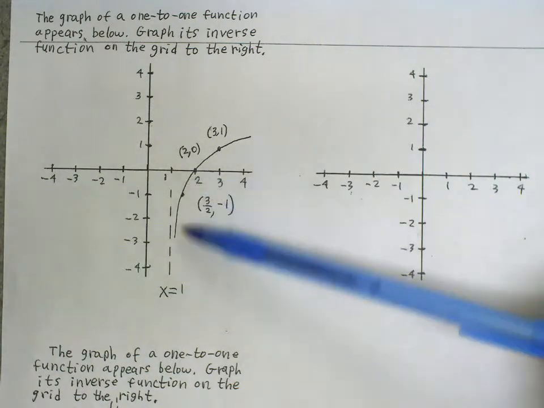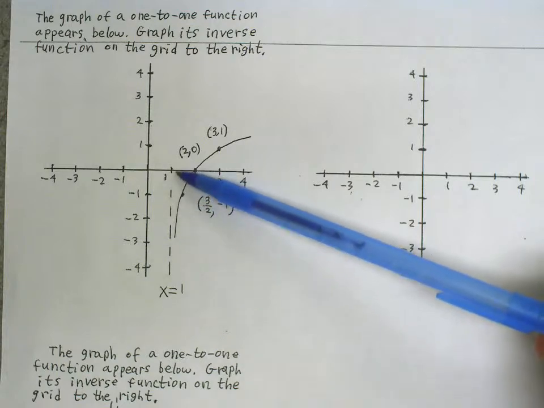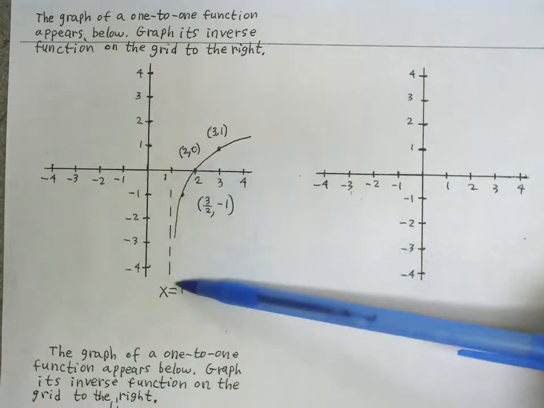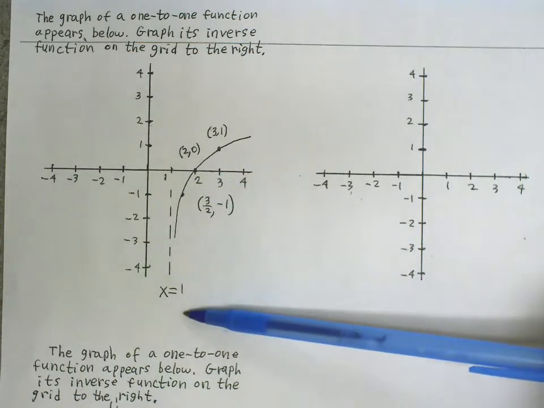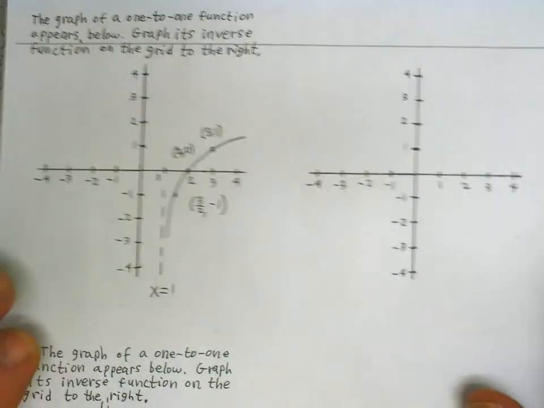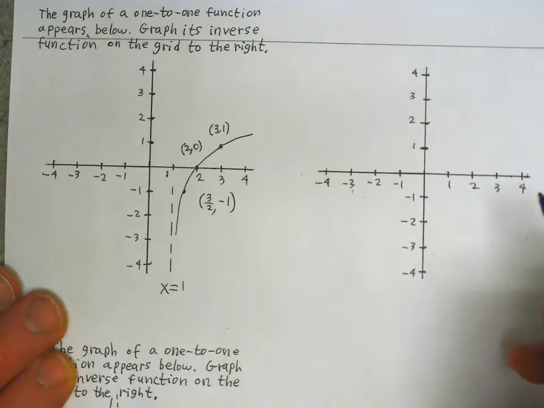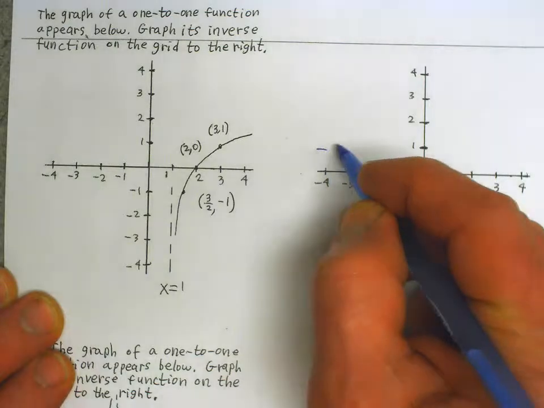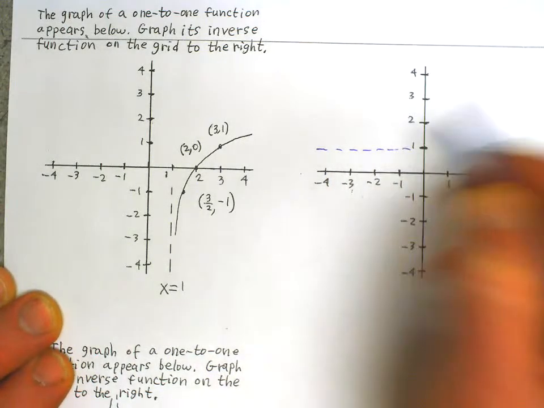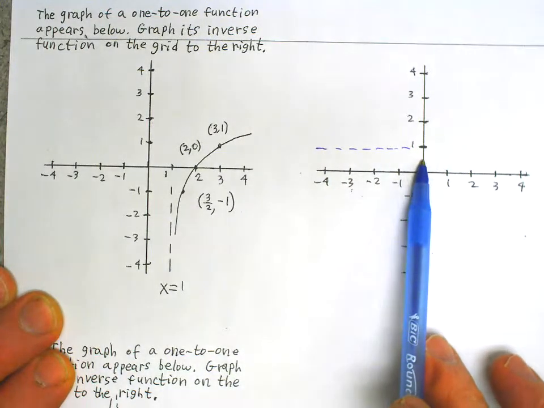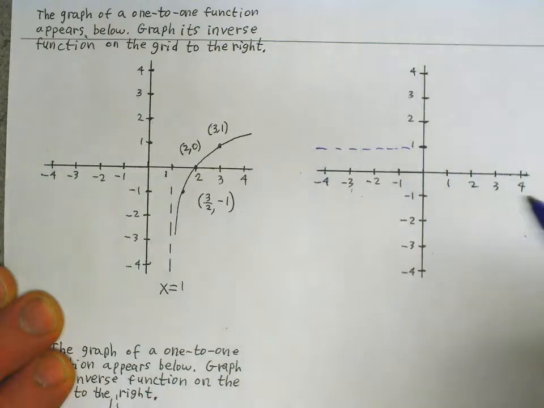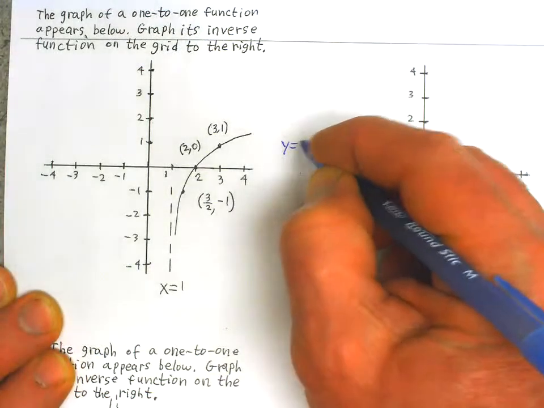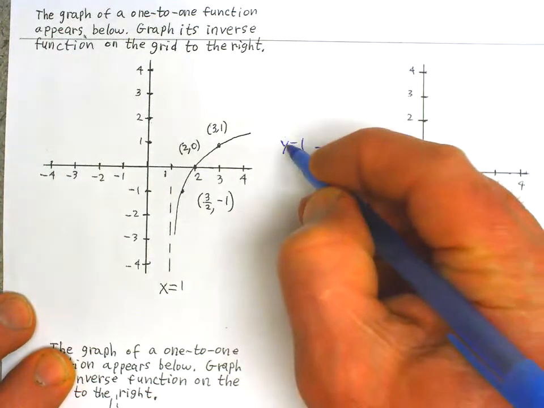Okay, notice on this graph, below the x-axis, there is a vertical asymptote, x equals 1. So that means the inverse is going to have a horizontal asymptote to the left of the y-axis, y equals 1.